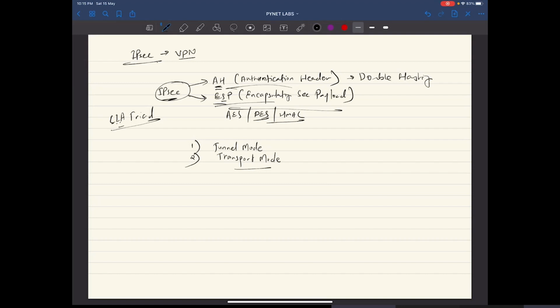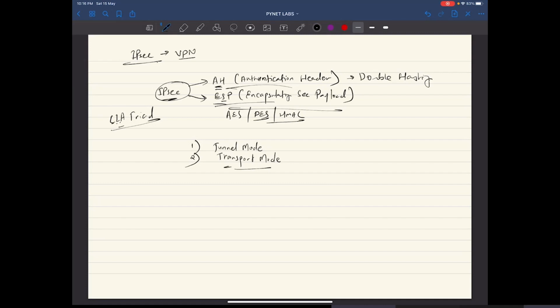IPsec in tunnel mode is used when the destination of the packet is different from the security termination point. The most common use case of this mode is gateway to gateway communication. The gateway serves as a proxy for the host, and when the origin of the packet differs from the device that is actually providing the security, tunnel mode is used.